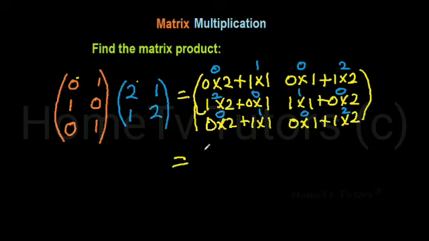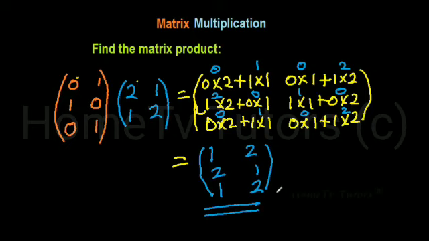So let's add everything up. 0 plus 1, we have 1. 0 plus 2, we have 2. 2 plus 0, we have 2. 1 plus 0, we have 1. 0 plus 1, we have 1. 0 plus 2, we have 2. So this is the final product. Good.